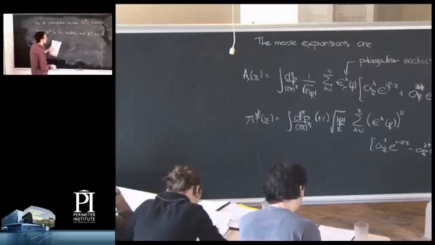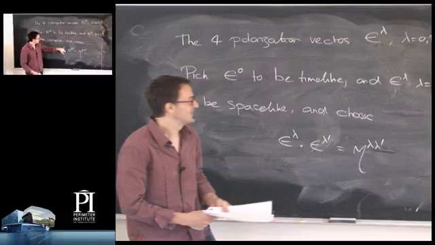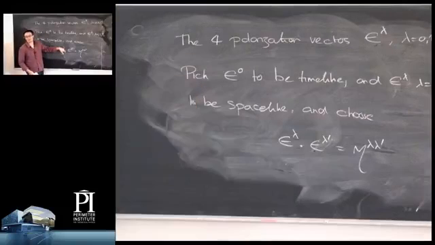Okay. To be space-like. And so we'll pick these to be some orthonormal basis, where orthonormal, so there's four vectors, and they're labeled by lambda equals 0, 1, 2, 3.